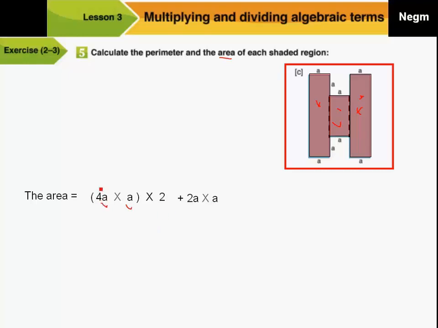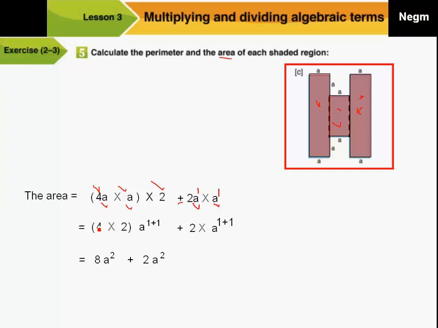Here we have 4 times 1 times 2, 4 times 2, a times a to power 1 plus 1, plus 2, a times a is a to power 1 plus 1, because we have the same base which is a, so we have to add the powers.